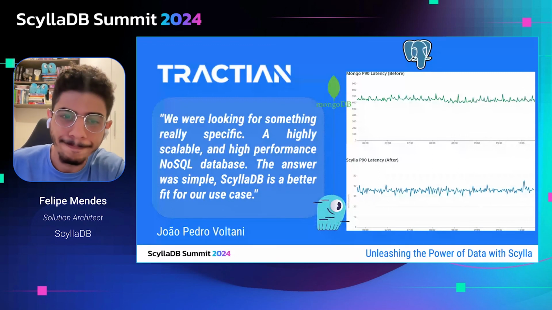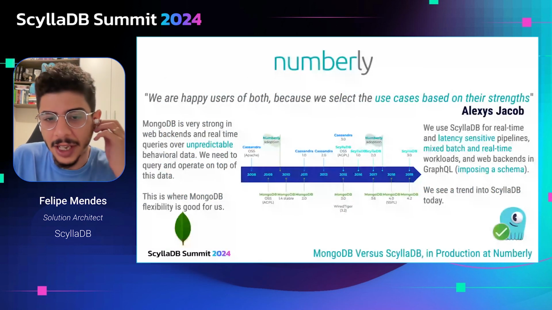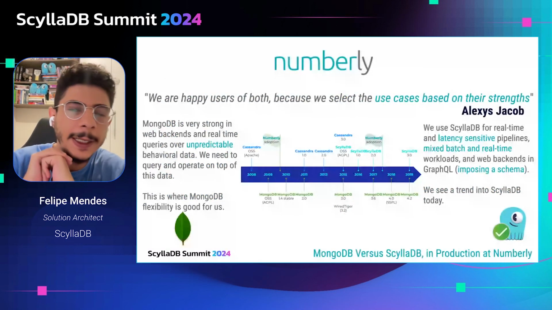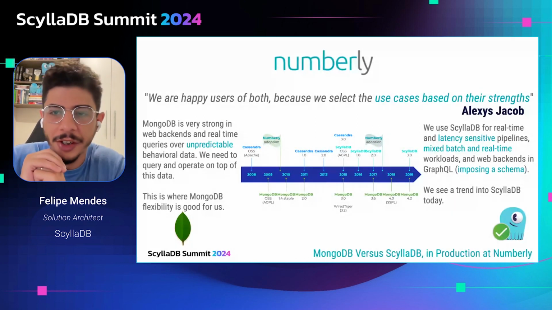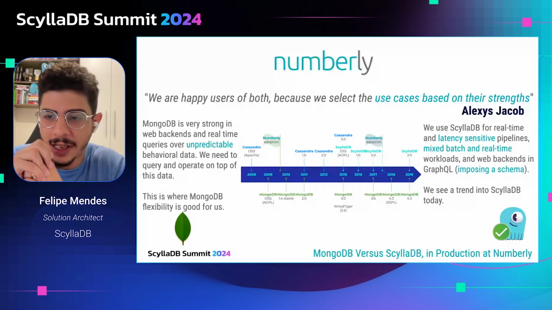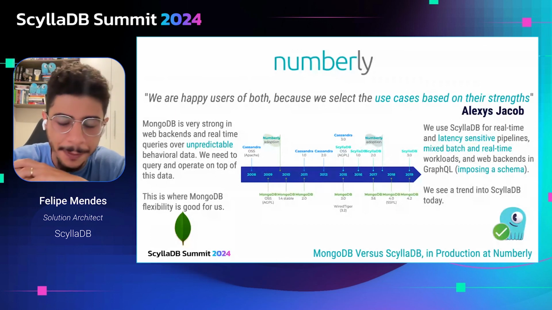We then get to Numberly, and their story tells us, and Pete spoke about it, sometimes ScyllaDB may simply not be a good fit for your use case. Every database is suitable to handle one specific problem, right?